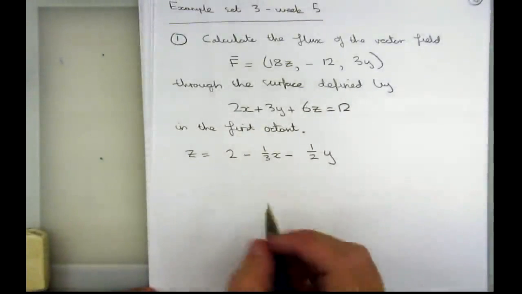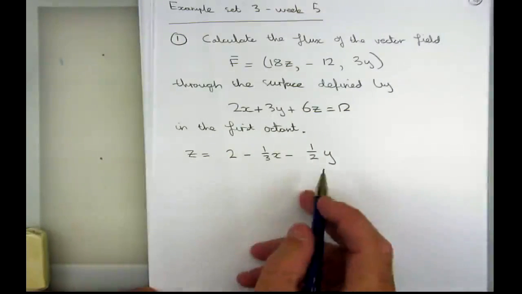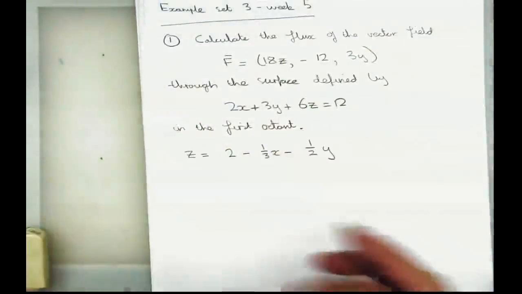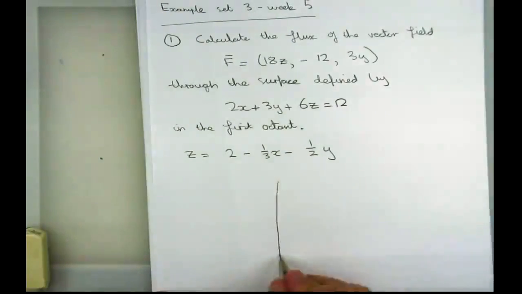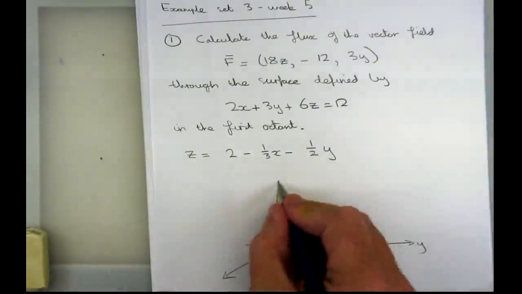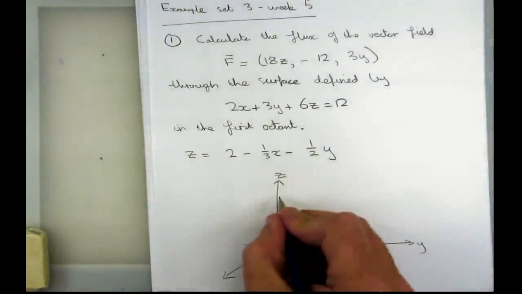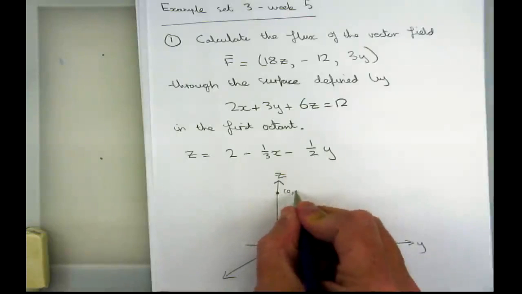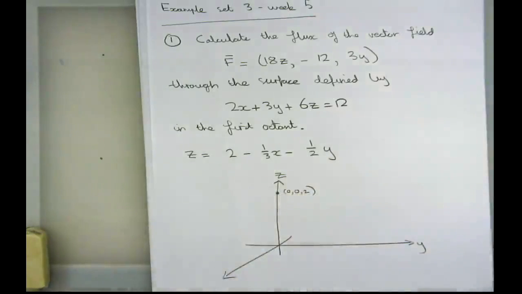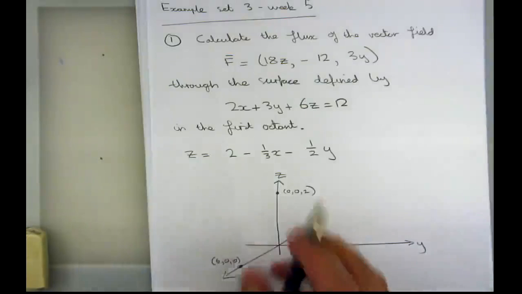So when z is 0, what's that? It's something like, not to scale, of course. Now when x and y are 0, z is 2. When y and z are 0, I've got x is 6. Because I want the first octant, that's x is 0, y is 0, z equals 0.